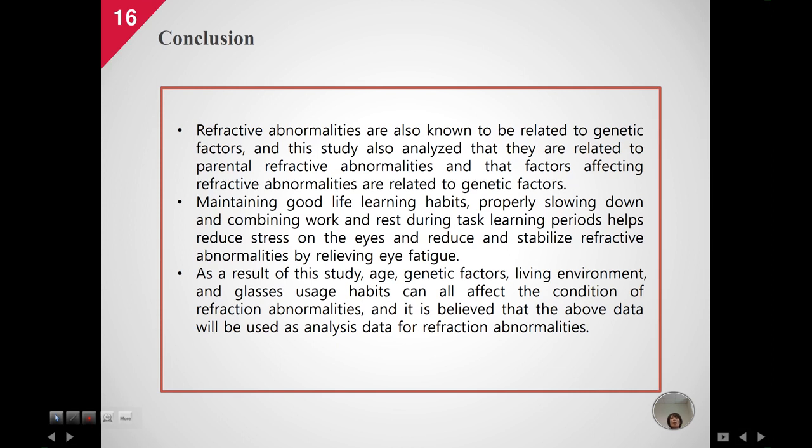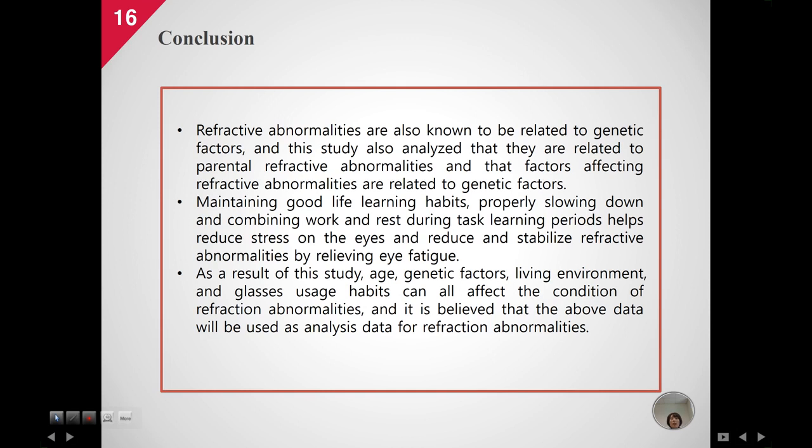In other words, refractive abnormalities include hyperopia, myopia, and astigmatism. Refractive errors are also known to be related to genetic factors, and this study also found that they are related to parents' refractive abnormalities.